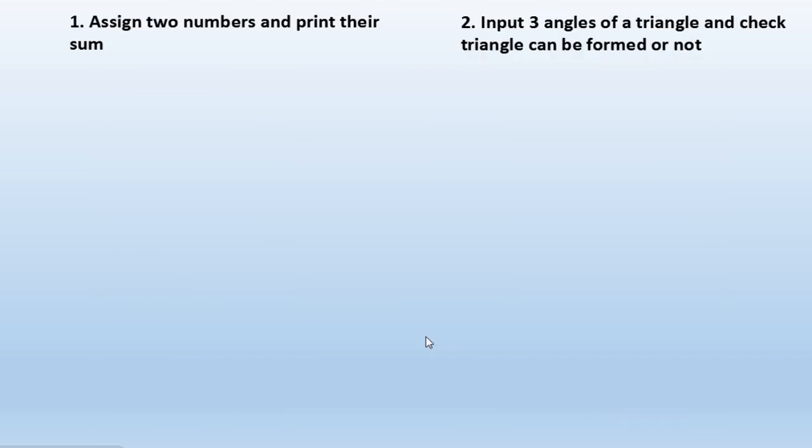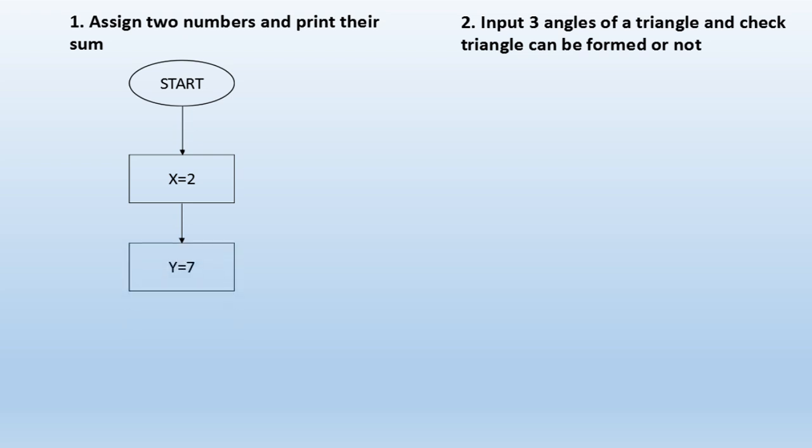Now let us draw the first flowchart. Assign two numbers and print their sum. First of all, you will start a flowchart with the oval shape, then an arrow showing the direction what to do next. This is a rectangular box: x is equal to 2. You are assigning a value 2 to x. Then you are showing the direction.